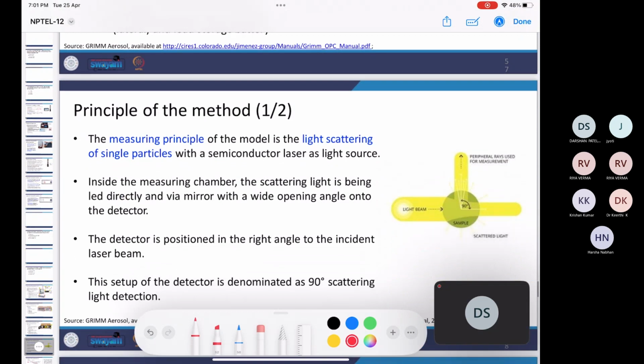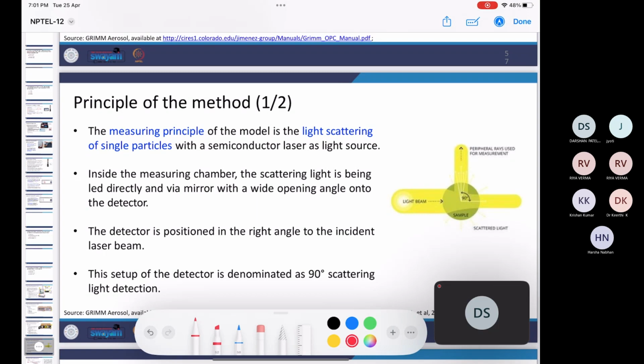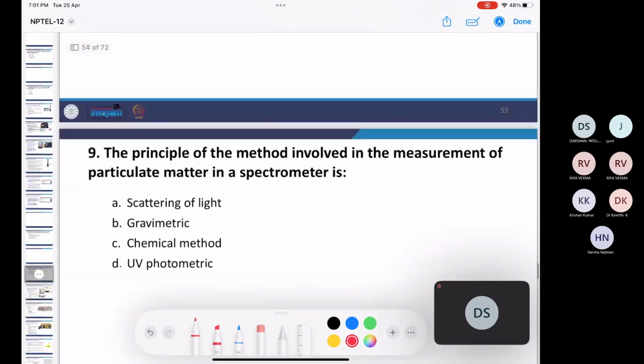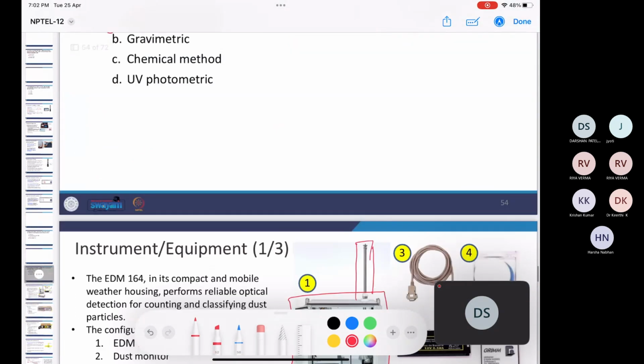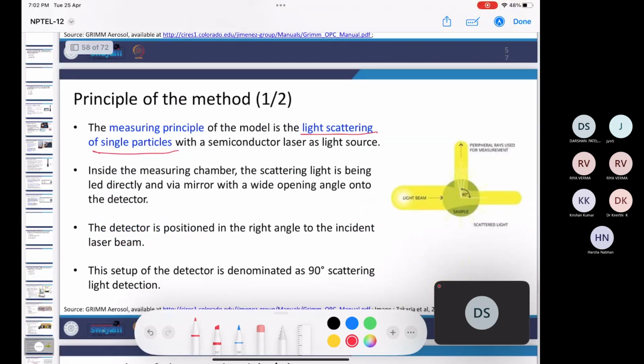Okay, so what is the principle of the method? The measuring principle of the model is the light scattering of single particles, with a semiconductor laser as a light source.